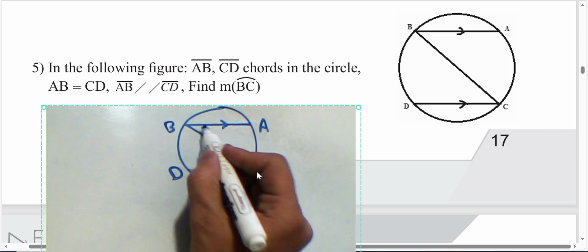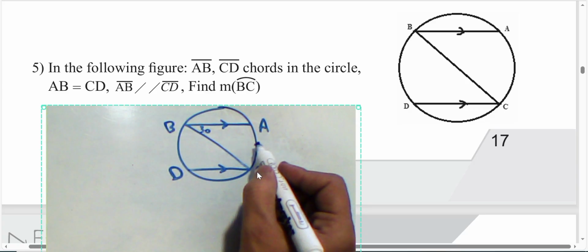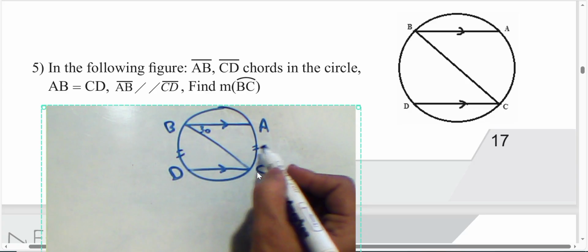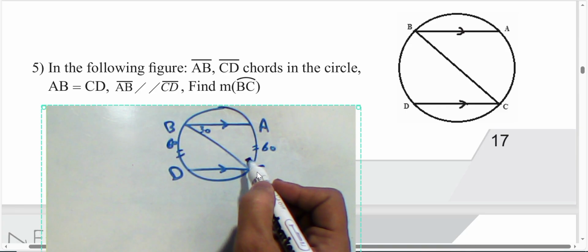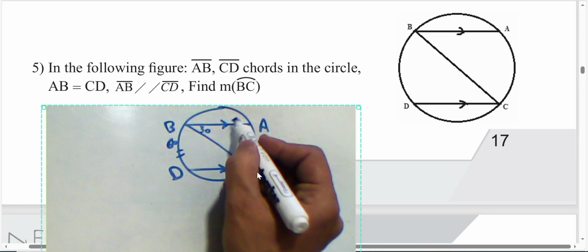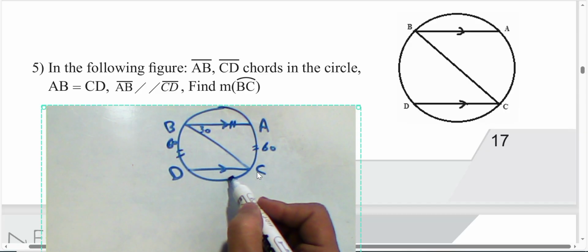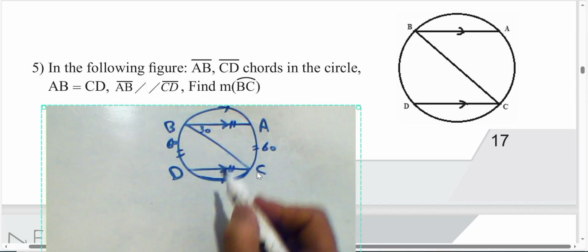This angle was like 30 degrees. Then the measure of the arc here will be equal to this. Each one of them equals 60. This 60 and this 60. Understood? And he also gives AB equal to CD. They are equivalent. It means this arc will also be the arc here.